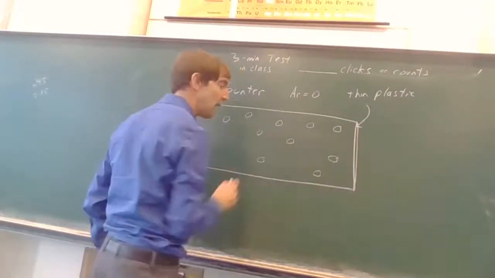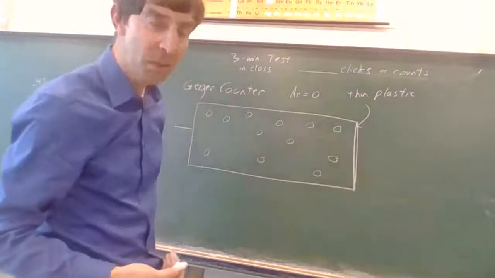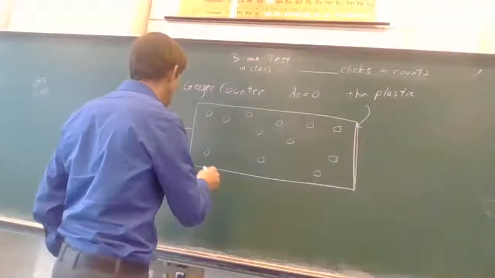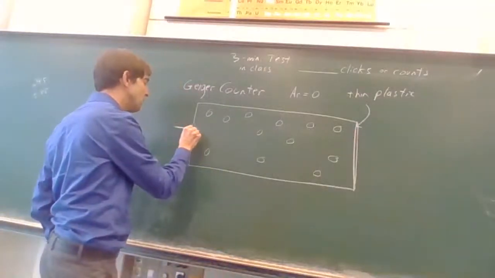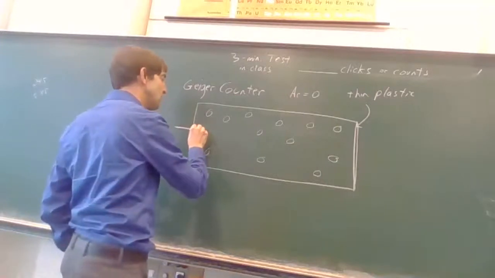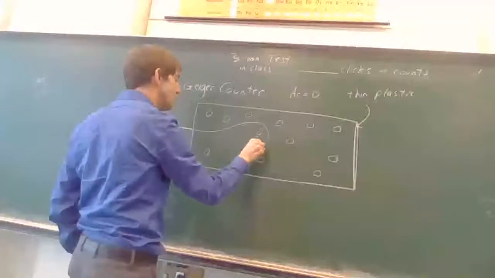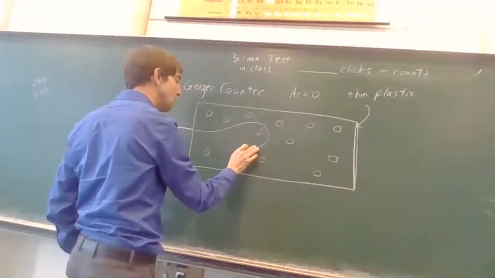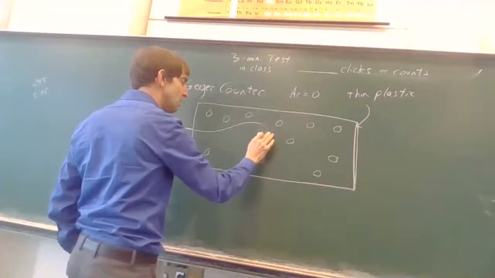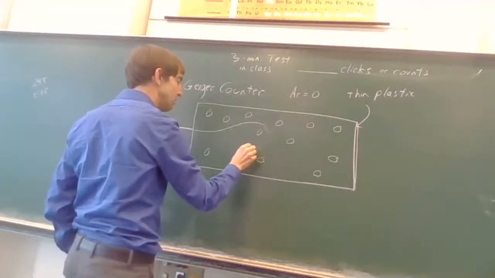Right, it's a noble gas, right? They don't react much, and there's a reason for that. So at the other end, there's a wire that's inside this thing. And the wire is, I better draw it like that, not complete.